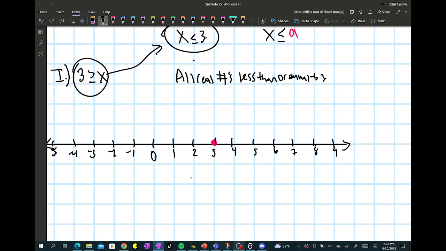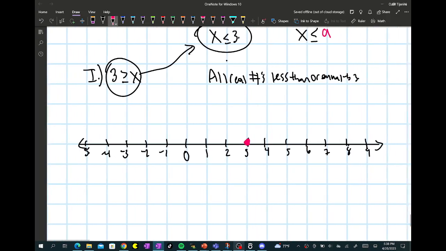There's a closed dot there. And then I want all the numbers that are less than or equal to 3. So I'm going to go ahead and shade to the left.